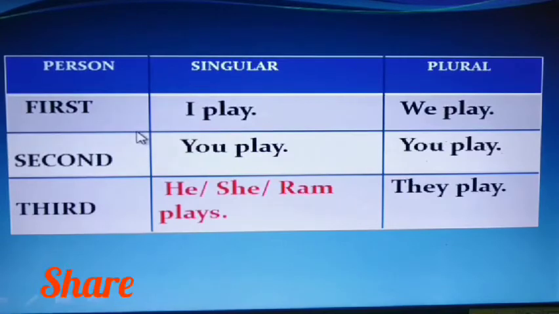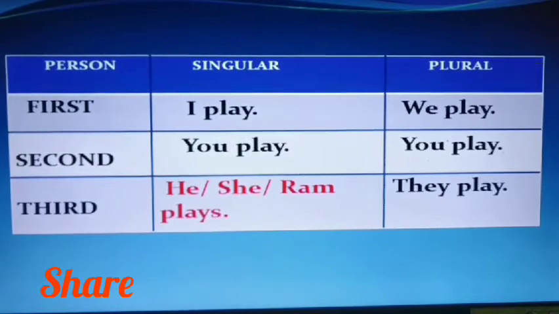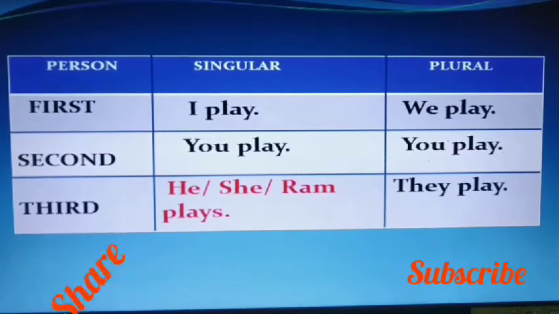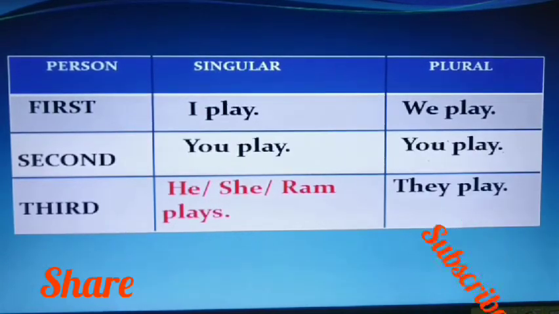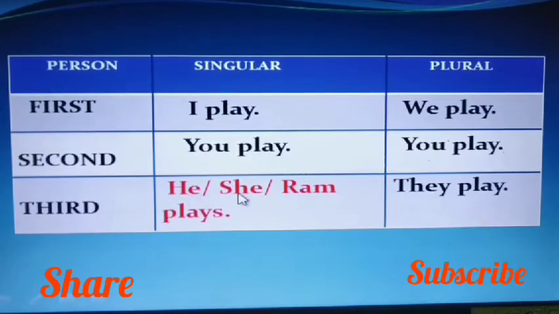Now look at this chart. This chart shows the use of simple present tense. Only exception occurs when we use third person singular number as the subject. Here, he, she or Ram.